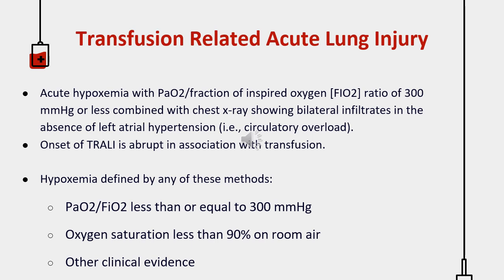So again, we want to immediately stop the transfusion, deliver high flow oxygen, notify the providers, and perform our laboratory workup. These patients may require acute treatment with CPAP and BiPAP, and more than likely even emergent transfer to another facility where they can have more aggressive care provided.